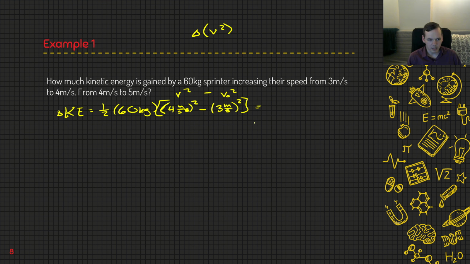And if we plug that into our calculator, or we do this mentally, that's 30 kilograms times 16 meters squared per second squared minus 9 meters squared per second squared. It's going to be 7, so that will equal 210 newton meters, or kilogram meters squared per second squared, or joules.